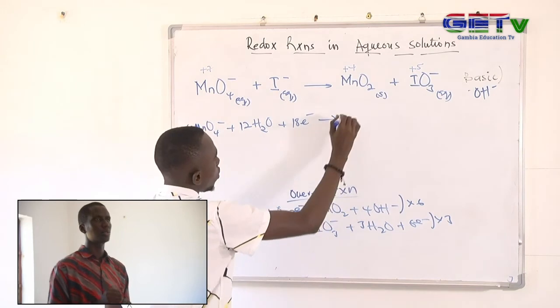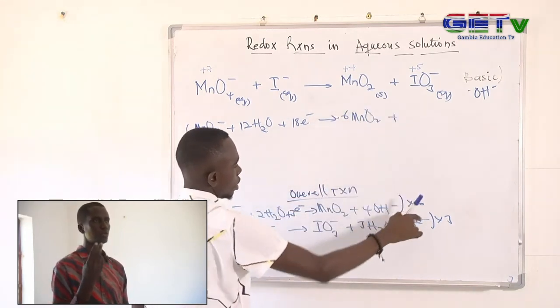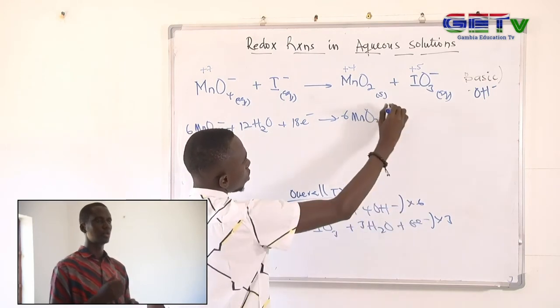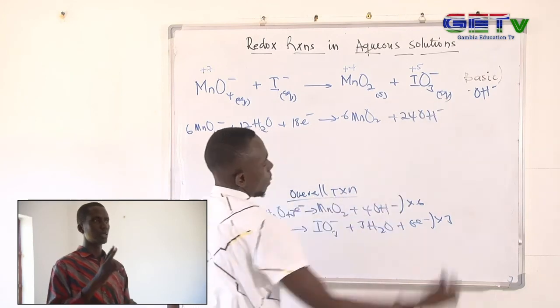This will give us 6 MnO2 plus 6 times 4, that's going to be 24 hydroxyl ions.